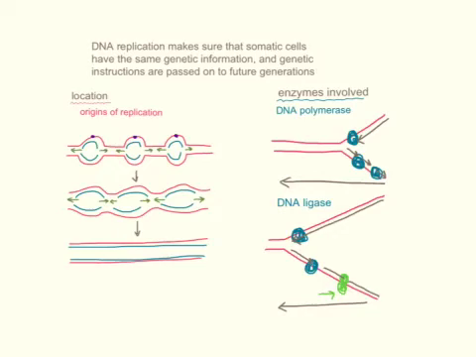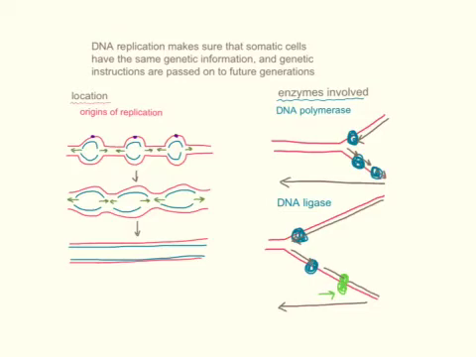So DNA replication begins at places called origins of replication, which is this diagram here. So origins of replication are certain places or certain sections of DNA that have a specific sequence of nucleotides that determine the function and where proteins attach and how the strands separate. And many sites allow for a more efficient replication process.